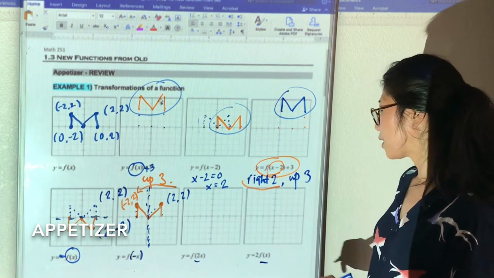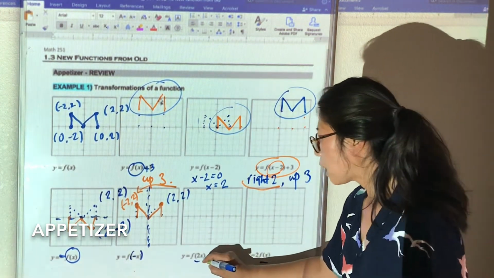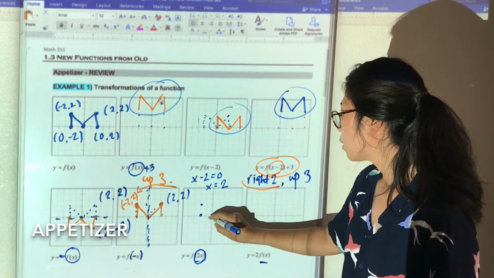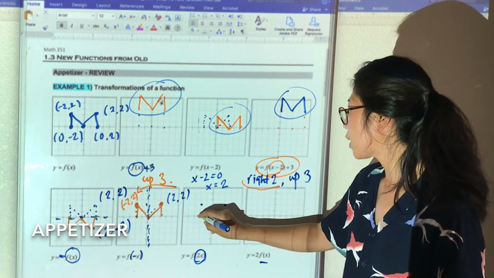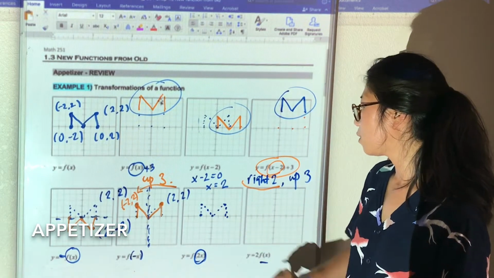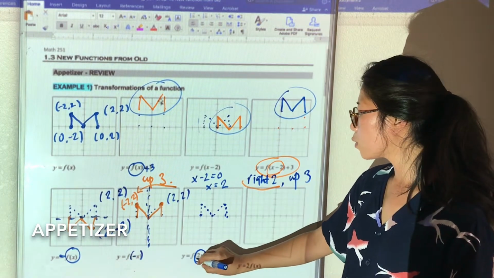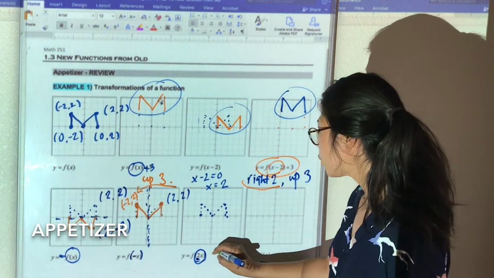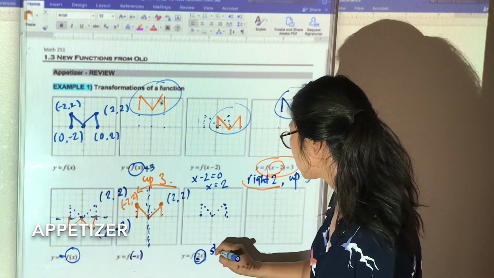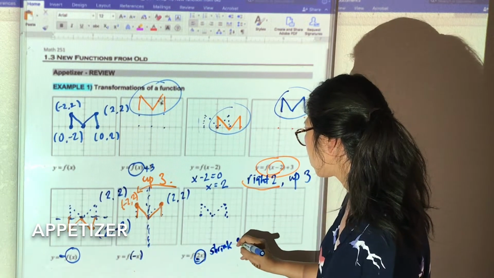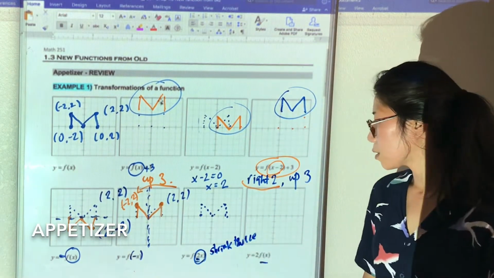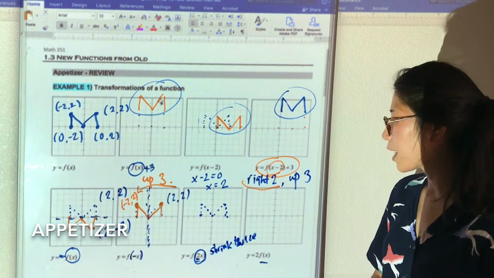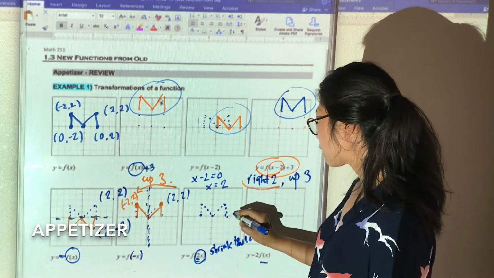So also you can remember that they are related to even functions. Then for the last two, let's look at the next two graphs. Now I have a 2x inside. My original function was M shape, the dotted line in here. Then what's going to happen if I have a 2 inside? That is going to make my graph shrink. So it's going to shrink twice, which means the same thing as compress twice. So my y value stays, but my x value gets twice smaller.